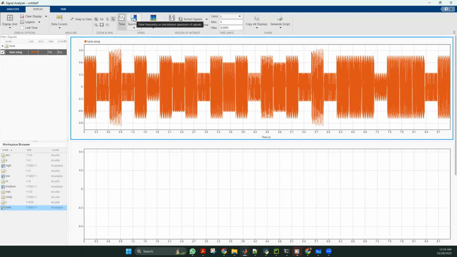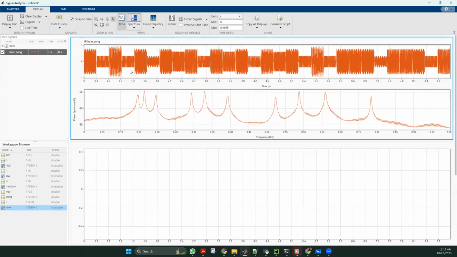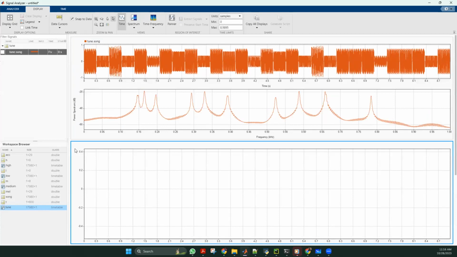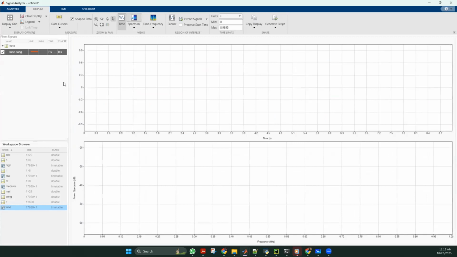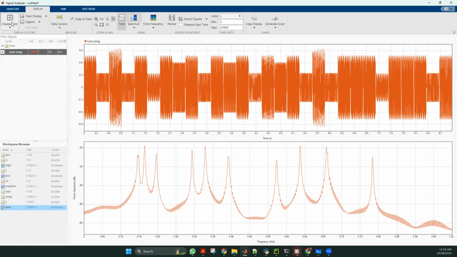If I want to see the frequency components, I have to press the spectrum part, and I will remove this from this display. What I want is just one plot, so I'm going to go to one plot, and then I think I'm able to obtain this. Anyway, you can go through the tool if you have free time.